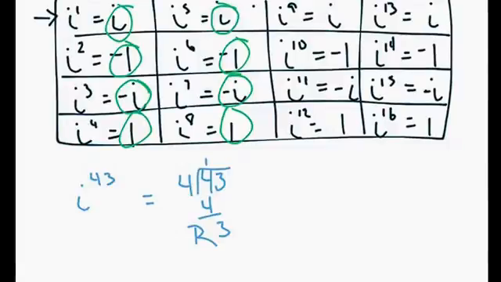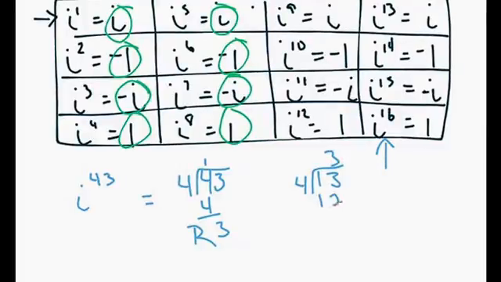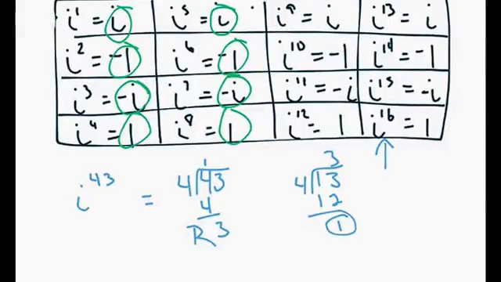Well, watch what happens if I did the same thing with everything in this column. 13 divided by 4, we know that it equals i. 4 goes into 13 3 times, that's 12, has a remainder of 1. So what we see here is that a remainder of 1 is going to give us i.